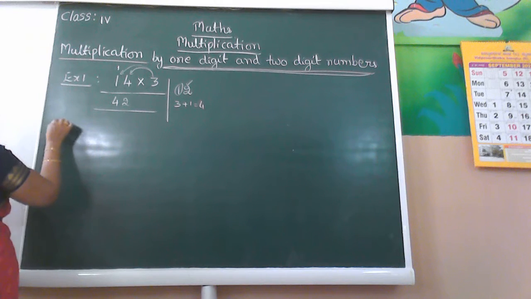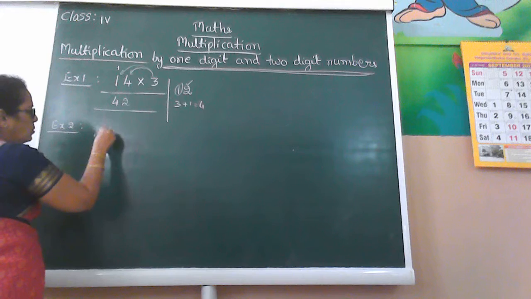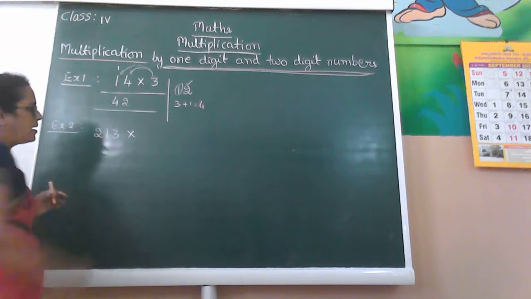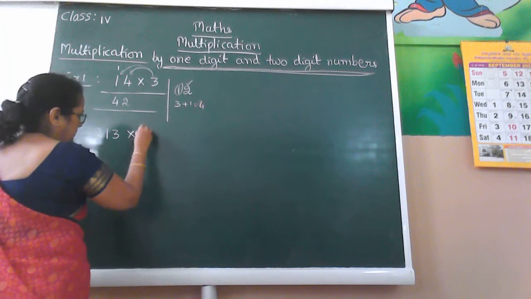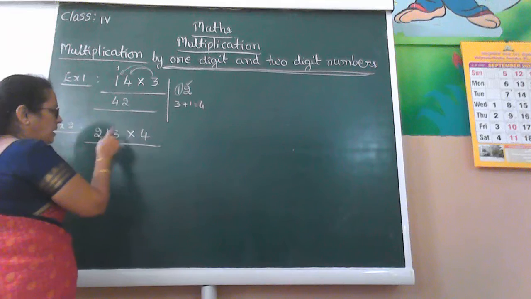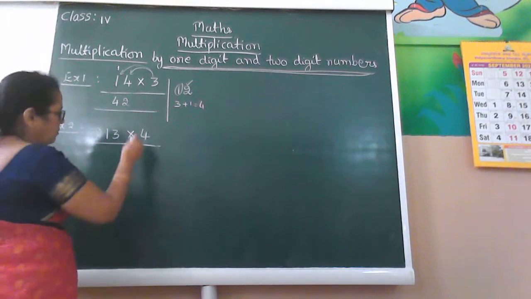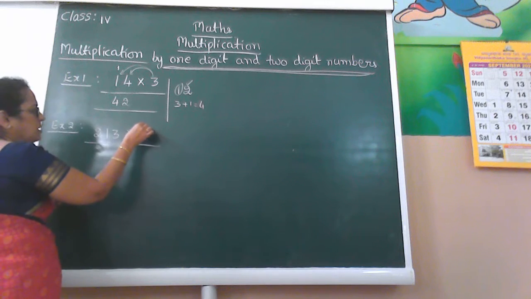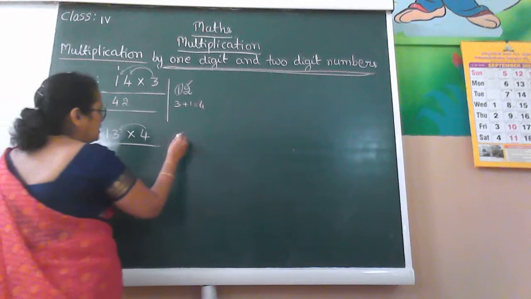Let us do this with 3 digits. Okay, another example with 3 digits. 213, that is 230 into 4, let us say. That is multiplication by 1 digit to 3 digit number. Okay, now first to multiply, 4 threes are how much? 4 threes are 12.